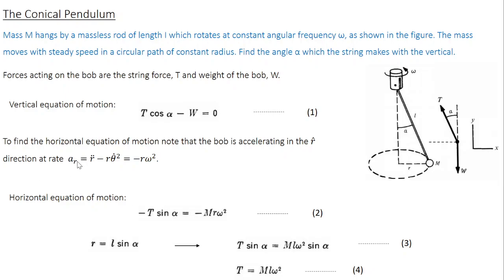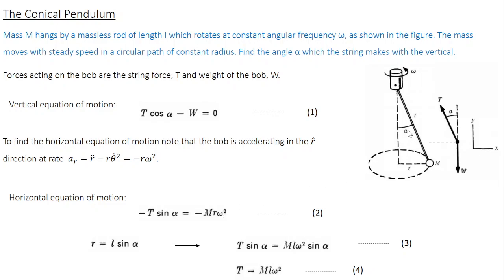Now the radial acceleration is r double dot minus r theta dot square. For a circle, radius is a constant, so r double dot is 0. Theta dot is angular velocity omega, so a_r equal to minus r omega square. So my equation of motion is minus T sin alpha equal to minus m r omega square.